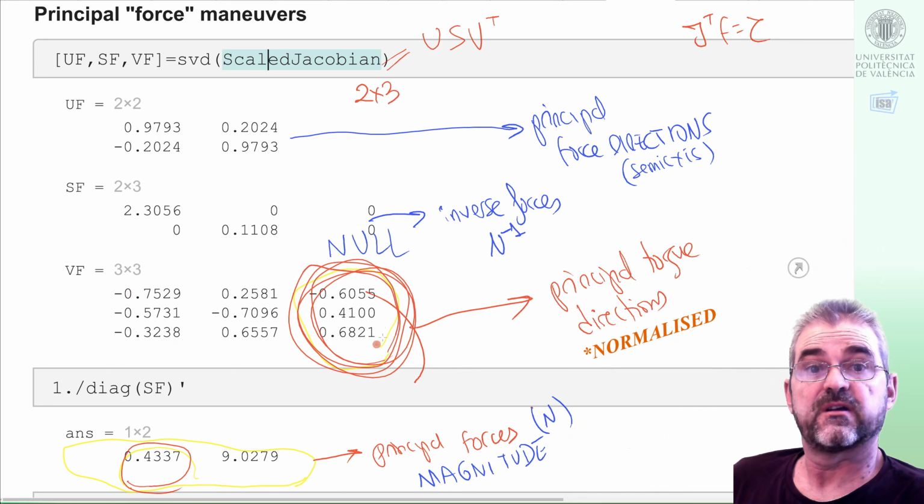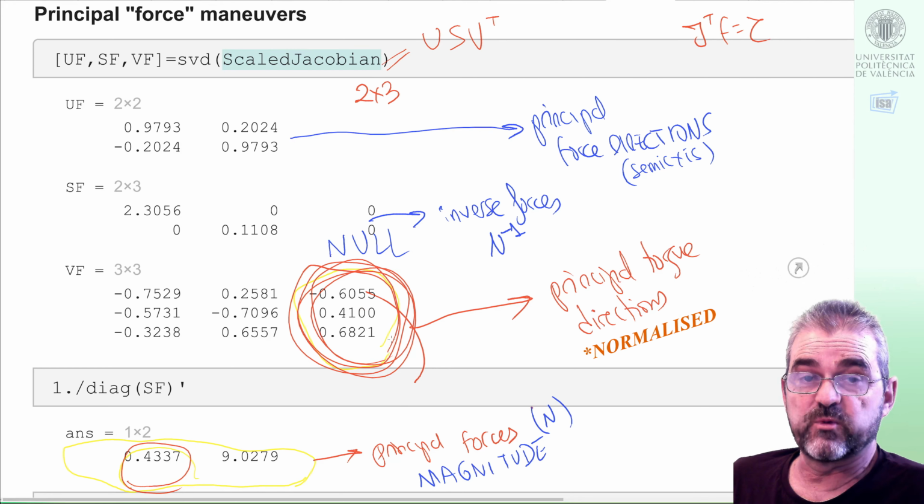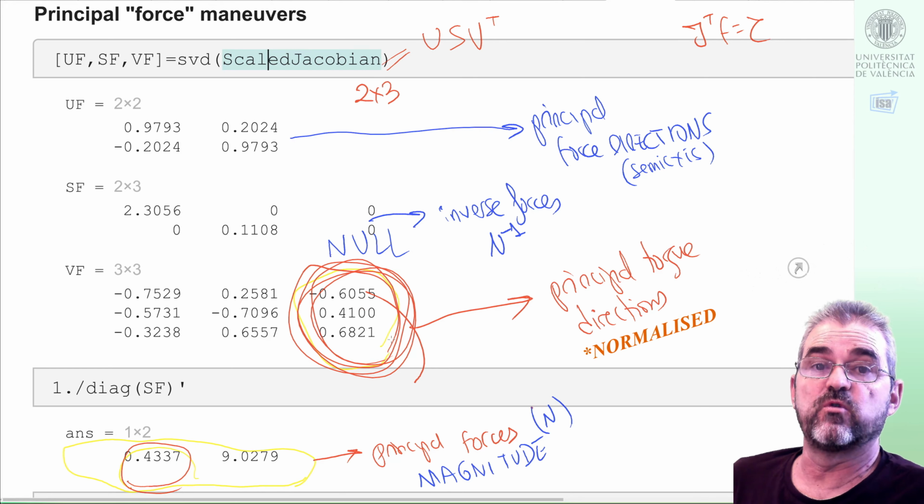and this column corresponds to the null maneuver, so that if I apply that joint torques, I would exert zero force to the end effector and my robot will accelerate in the null maneuver.